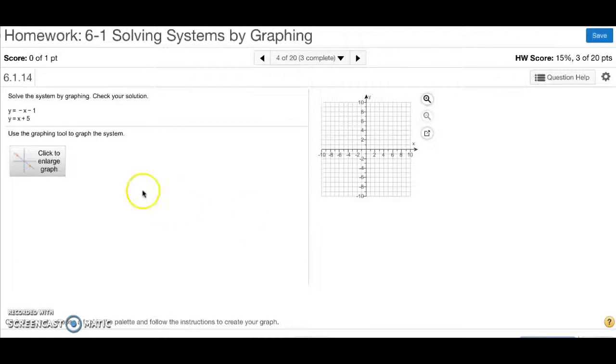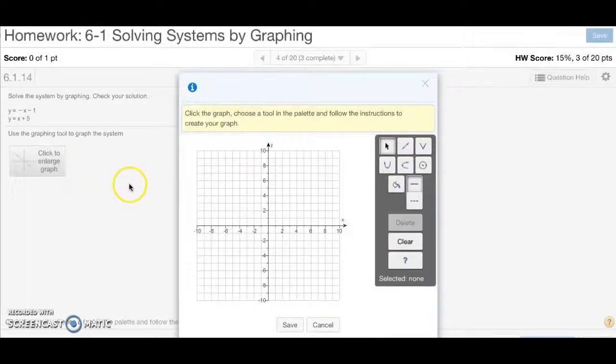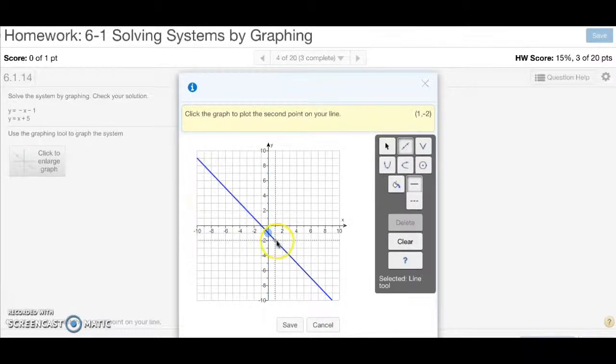Number 4, same thing. They are both solved for y in slope-intercept form, so I can go ahead and graph it. First one has a slope of negative 1 and the y-intercept of negative 1. So I start at negative 1 and then I go down 1 to the right 1. My second equation has a slope of 1 and it has a y-intercept of 5.